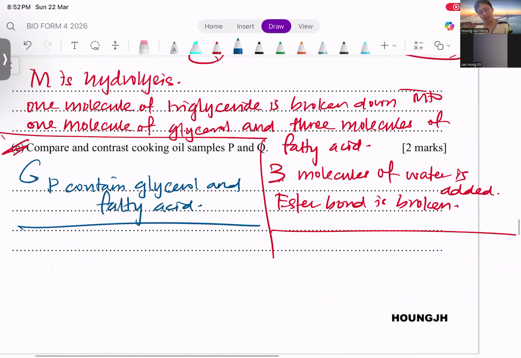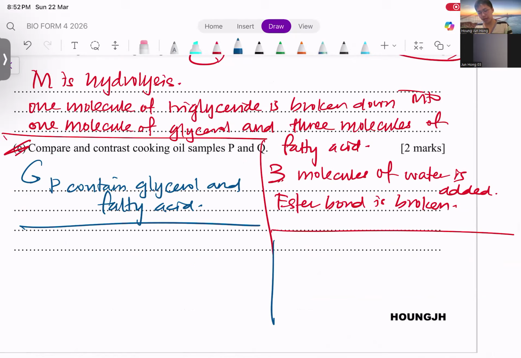Now, for the differences, again, I'm just going to do it very quickly so we can save a bit of time. So I'm going to do a table. Let's not, let's do it properly. So what is the difference? Again, you know the answer. You have such a big table for this part. I'm just going to quickly go through some of them. For example, the fatty acid of P has only single bond.